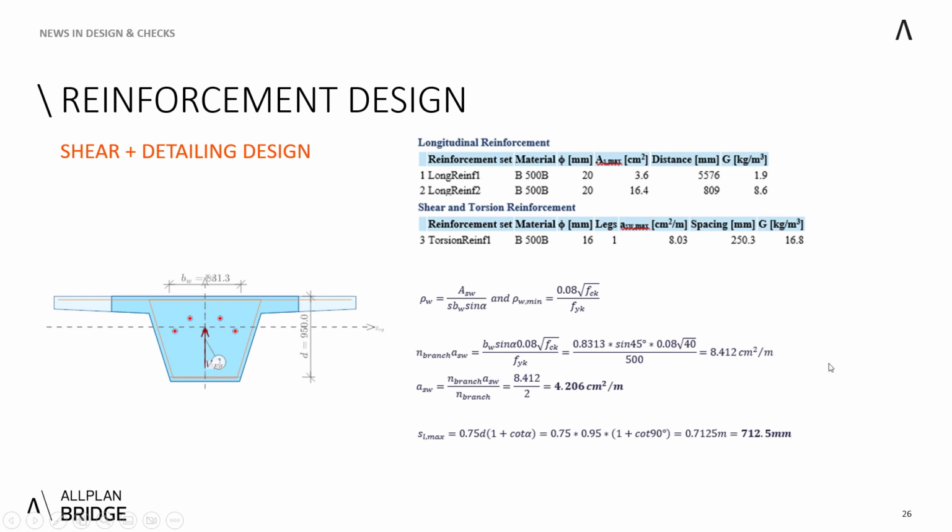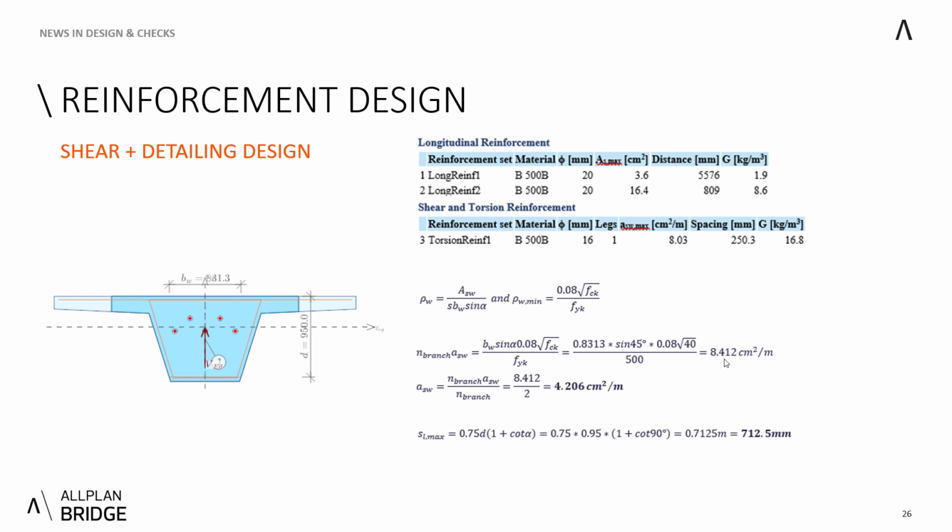But as you can see, the amount of the stirrups was not changed, and the reason is that this shear reinforcement ratio that is required, we have basically by the standard two equations, one for rho W and rho W minimal, and when we compare them and we get ASW divided by S, we can get this needed reinforcement area being 8.4 centimeters squared per meter.